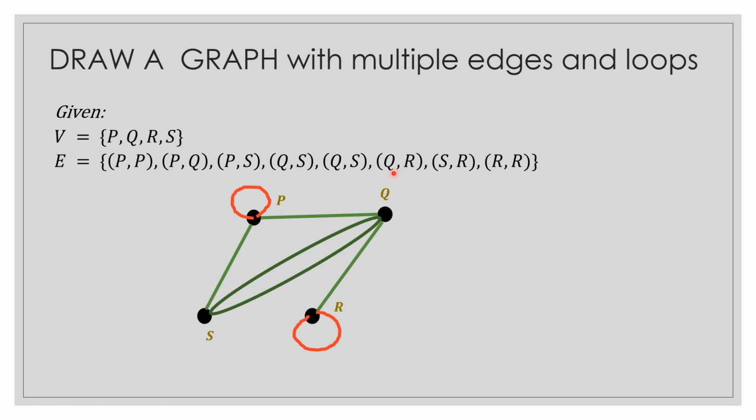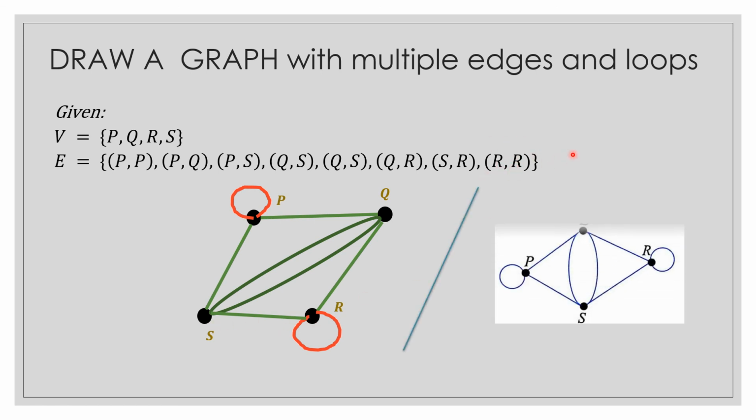Then RS, draw a line, and RR is a loop. Or you also can have the answer like this.